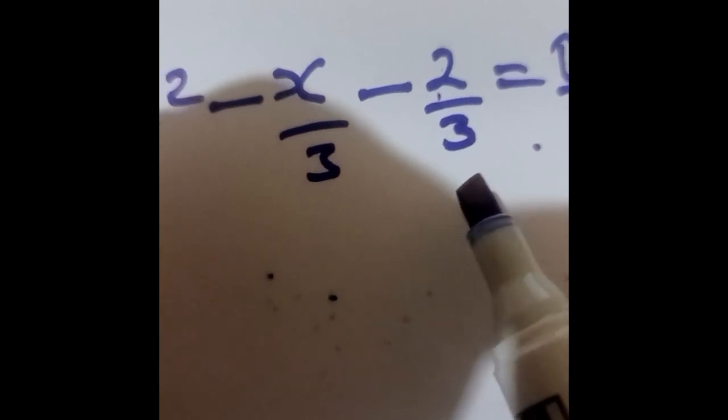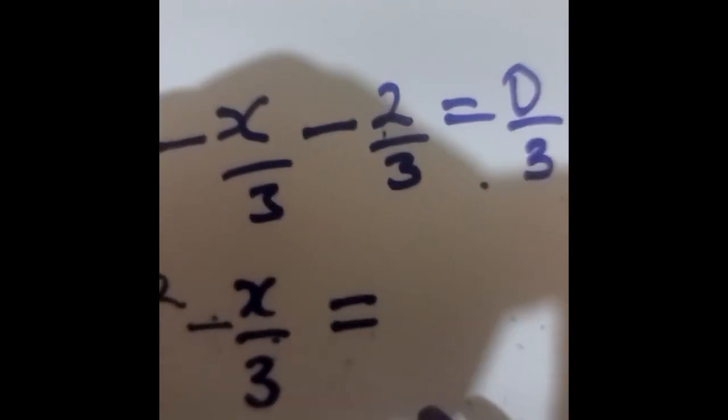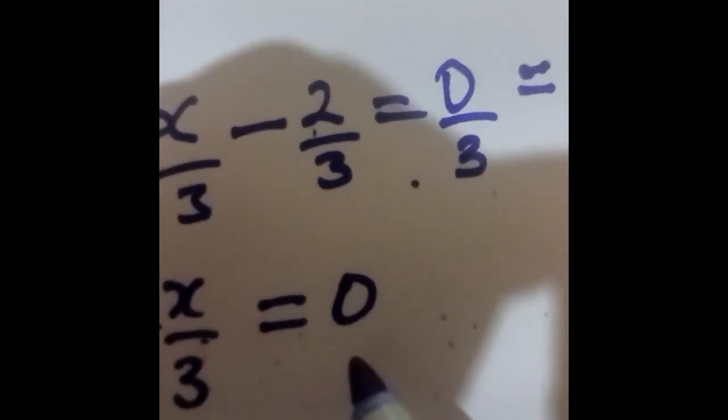Then our second step is to take the constant part to the other side of the equal sign, so that we'll have x squared on the left hand side minus x over 3 now is equal to 0 that we had earlier on plus 2 over 3.